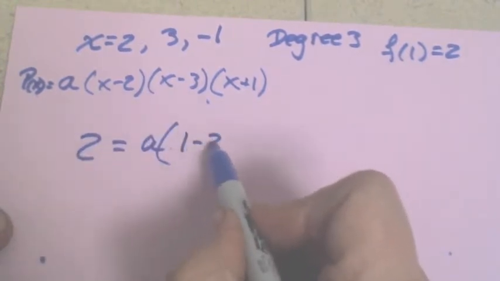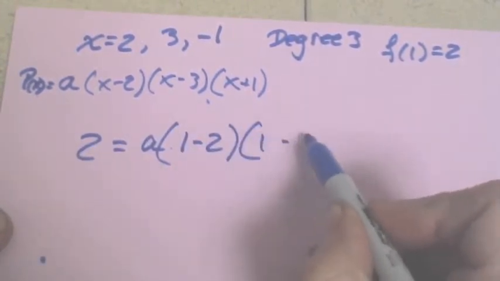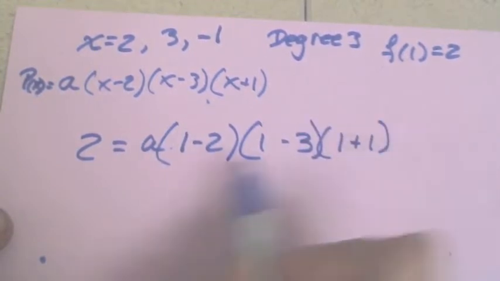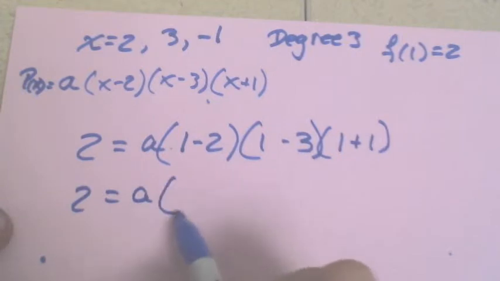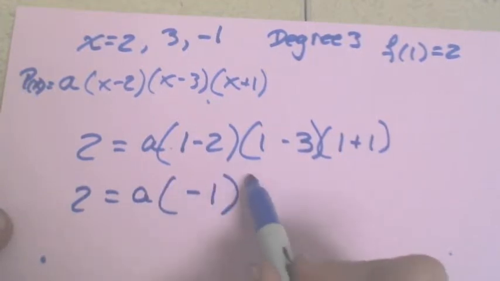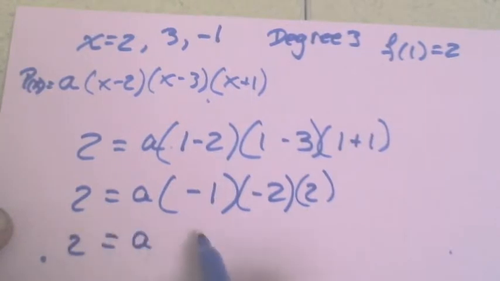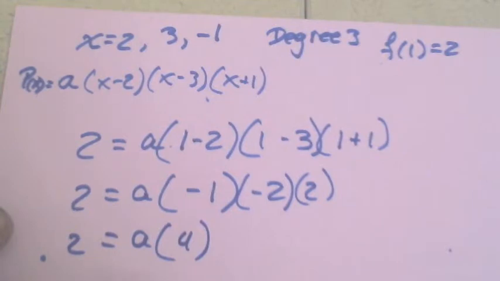They both happened to equal 2, just because. So you can actually put those 1s in early if you want to. 2 equals a times, what, -1, -2, and 2. So 2 is equal to a times, what is that, -4, so 4. Divide the 4 off, and a is equal to 1/2.